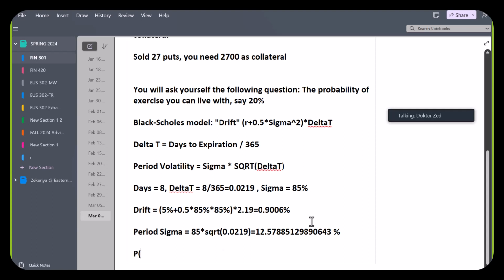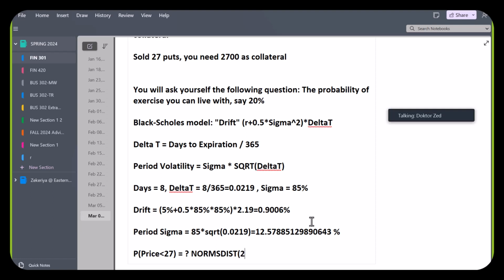So what is the probability that price is going to be above 27? Or in this case, below 27, since we're doing puts. Well, we can calculate that as NORM.DIST in Excel.